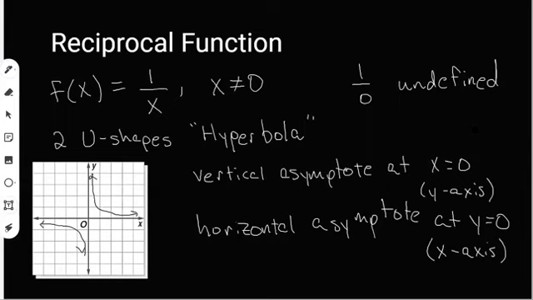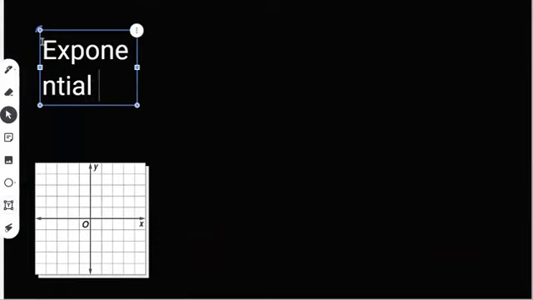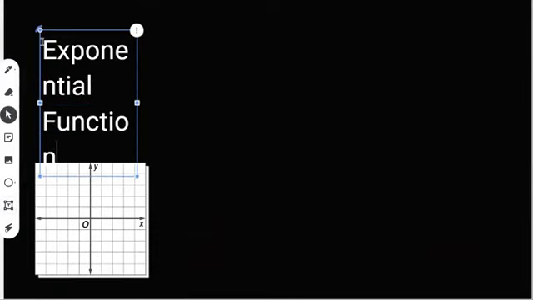All right. Let's talk about the last two. And whenever you talk about these two, you got to do them together, right? So let's talk about the exponential function. We'll put that over here.